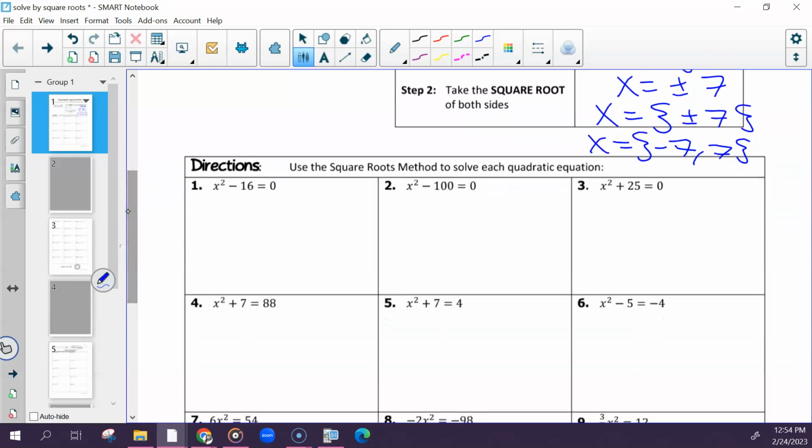So then for number 1, how would we solve that? Plus 16. Then take the square root of both sides. 4. So we have plus or minus 4. I'm going to write this both ways, but you don't need to write it both ways.